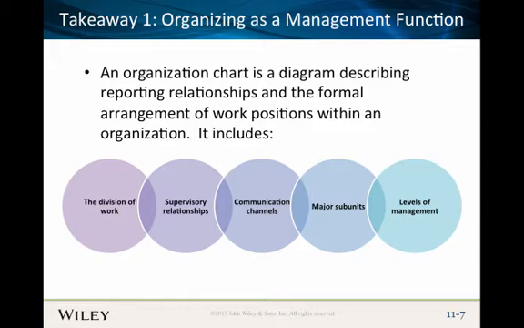It simply illustrates the reporting relationships, the roles in the organization, the grouping of roles, and then the coordination of those efforts. It is, in fact, a graphical illustration of the type of organizational vehicle that a specific firm has chosen in order to realize its plans.